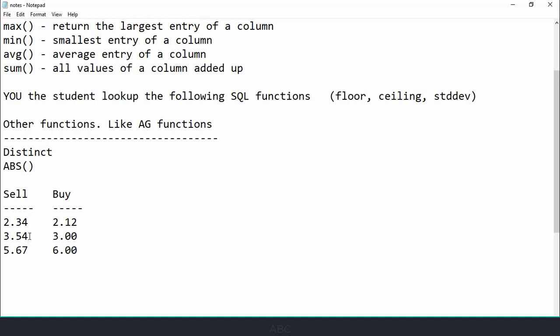So I can't subtract one from the other. Again, volatility means the distance between them. So if I want to look at the distance between $2.12 and $2.34, $3 and $3.54, $6 and $5.67, I can't subtract one from the next because I don't know which one's higher and which one's lower.